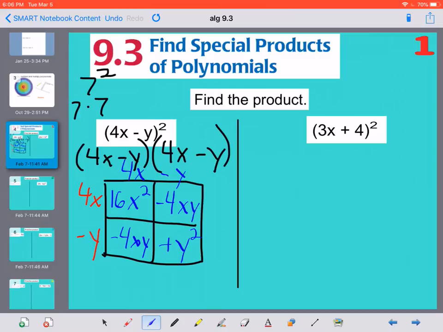So if we wrote this out then, we would have 16x squared. Now I see two things here that have the same ending, so I'm going to combine those two things. Negative 4 minus negative 4 gives us negative 8xy plus y squared.